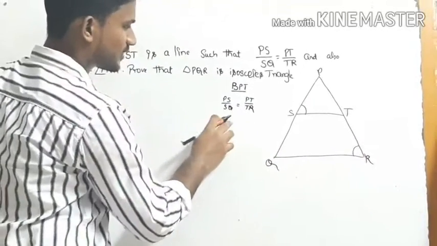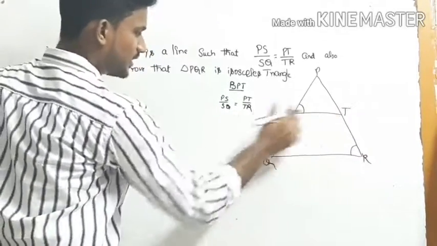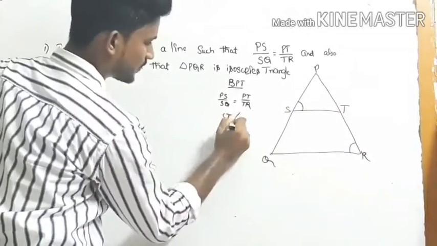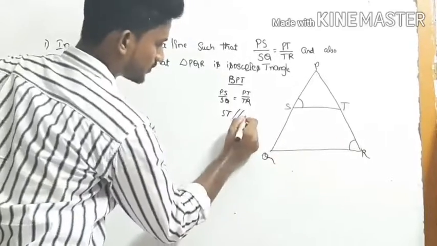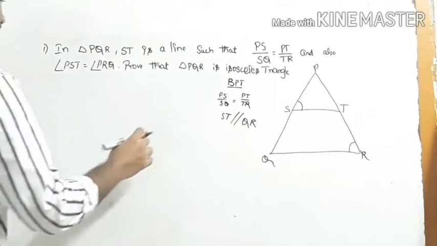Both these ones are equal. Then ST, this middle line, is parallel to QR. It is the basic proportionality theorem, this Thales theorem.